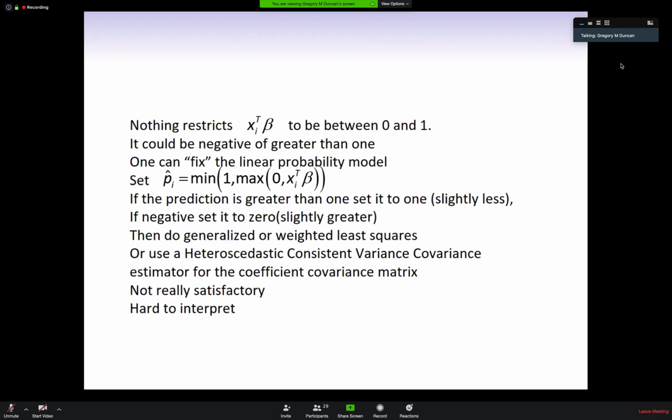So it's really hard to interpret. Nonetheless, it tends to be useful to rank things correctly in terms of how likely they are.